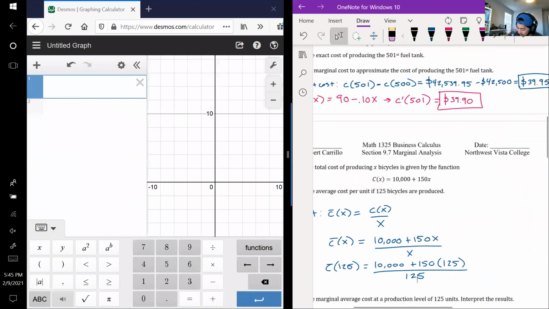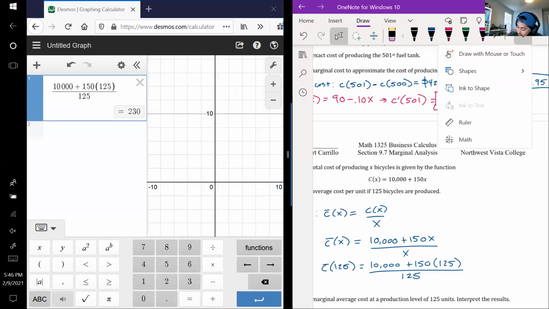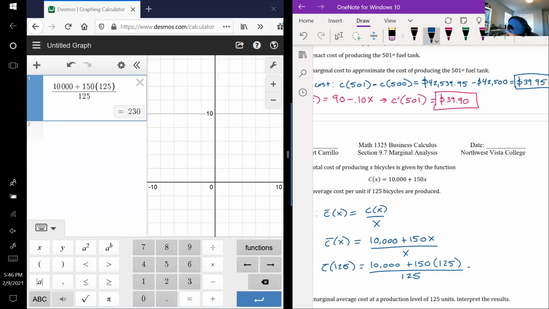Yes, sir. 230. All right, perfect. Excellent. Let me just do the math. Since this is being recorded anyways, I got to show the math. 10,000 plus 150 times 125 over 125. There you go, 230. So this is the average cost per bicycle if we are producing 125 bicycles.